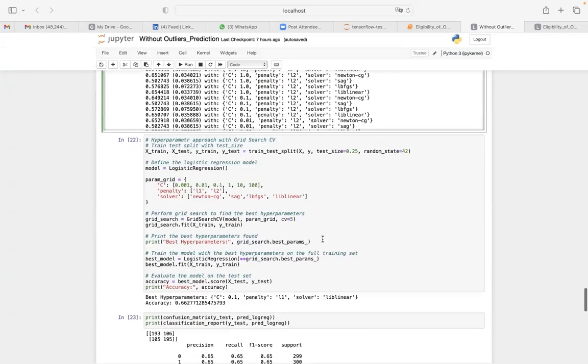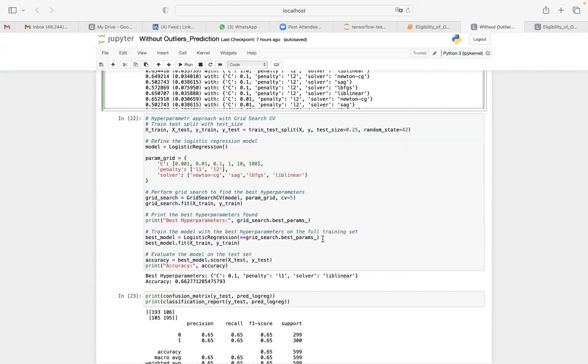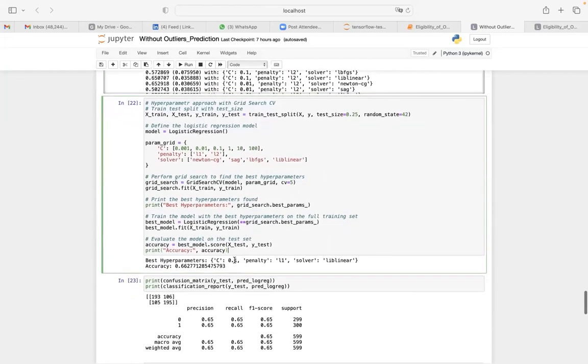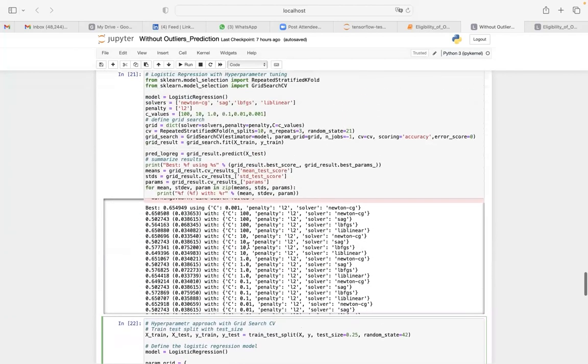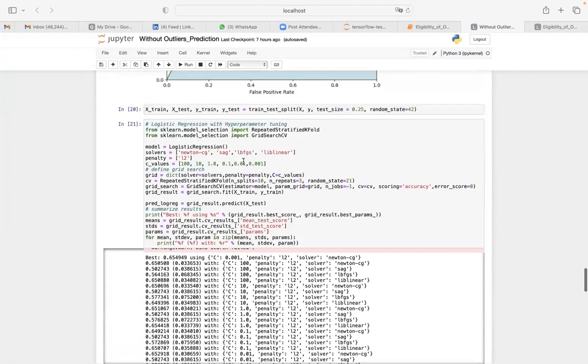If you just want to stick to the best hyperparameters and the accuracy, you can avoid that, and obviously you will get a different sort of result. Okay, just one particular value. It's up to you whether you want to get it separately or all together. Here in this case, I have shown two different ways to do it.